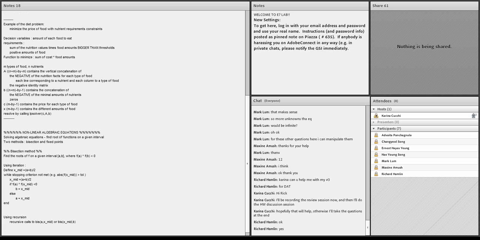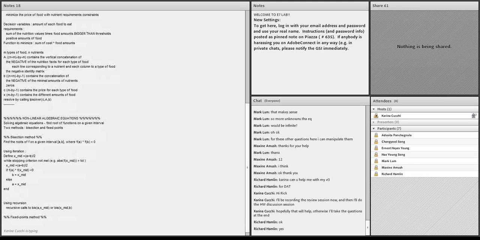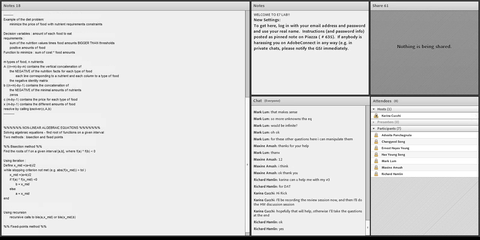Okay, so let's move to the fixed point method. So the fixed point method is usually more efficient than the bisection. So same thing, you want to find the roots of f on a given interval AB.